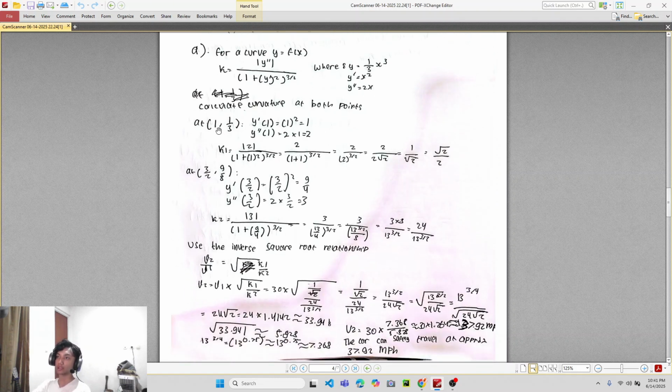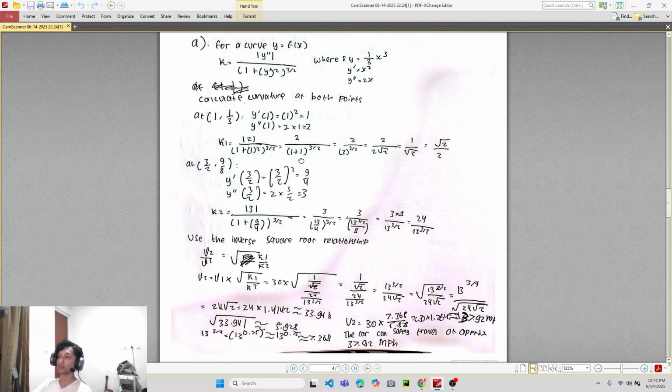So at the first point, which is (1, 1/3), we know that y' here is x squared, so because it's 1, we'll plug in 1, and we get 1. Second derivative is 2x, we plug in 1, and here it will be 2.